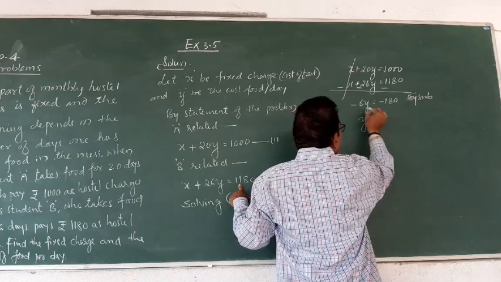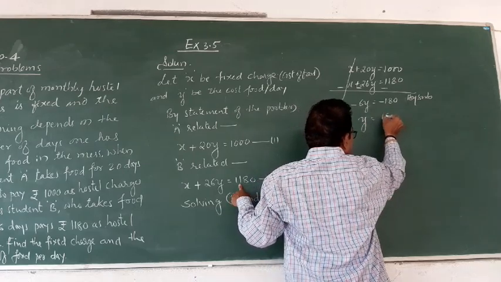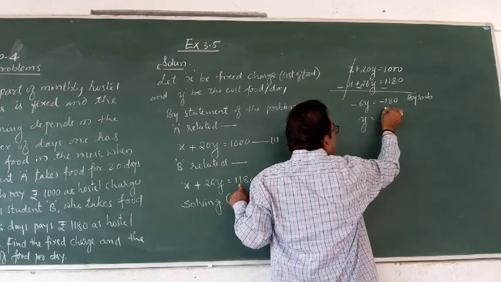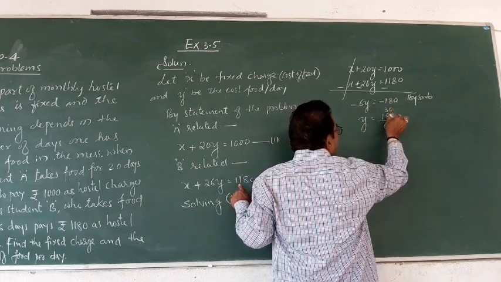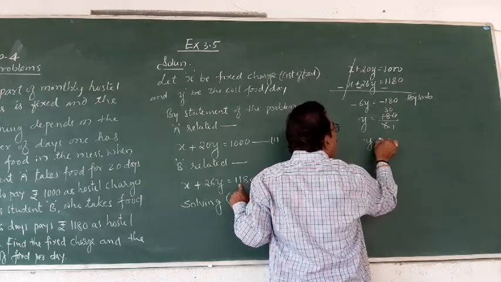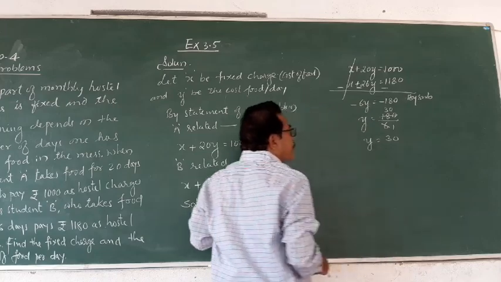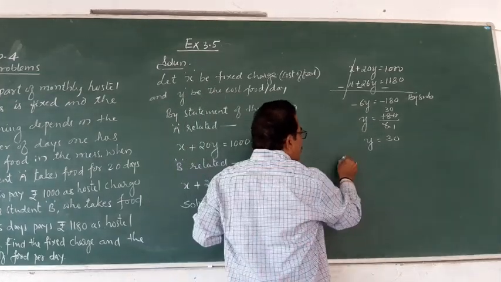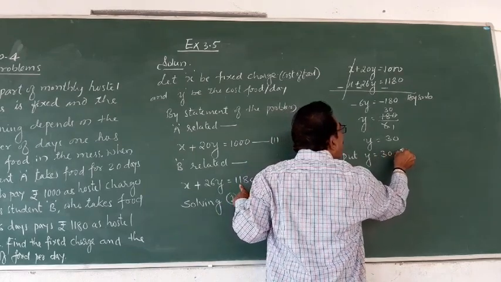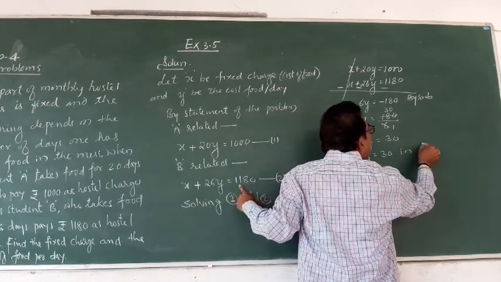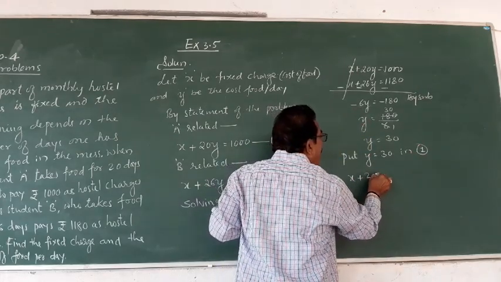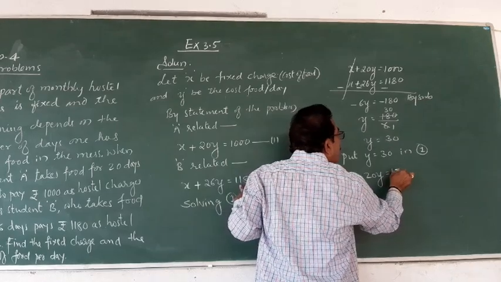So Y equals, both the signs are negative, so cancel those signs. 180 divided by 6: 6 threes are 18 and 0, so Y equals 30. Put Y equals 30 in equation 1. X plus 20Y equals 1000.